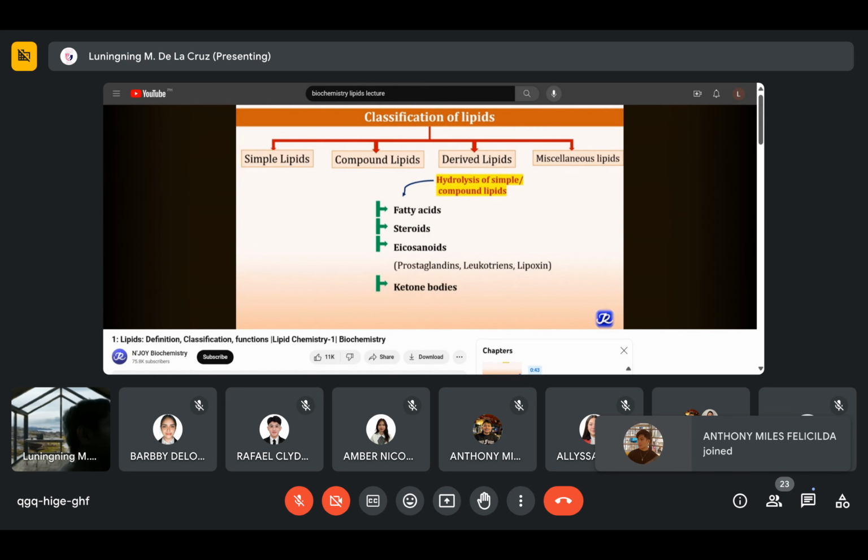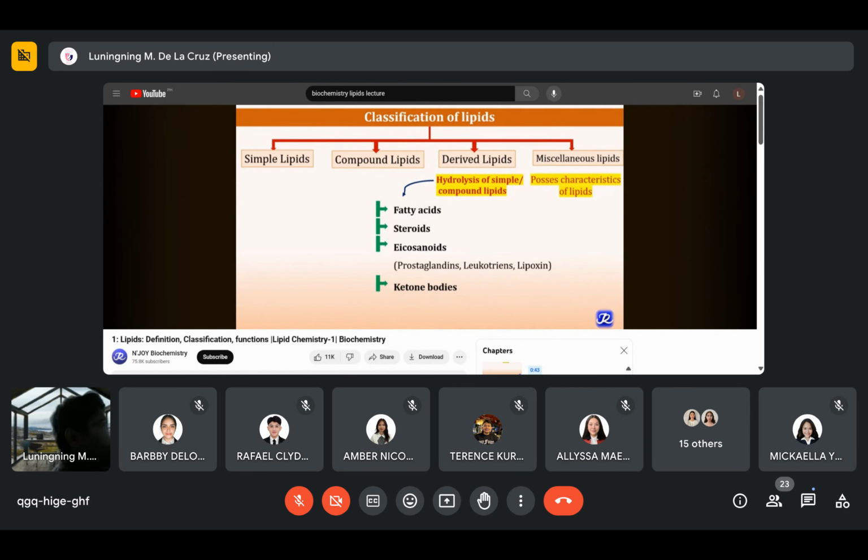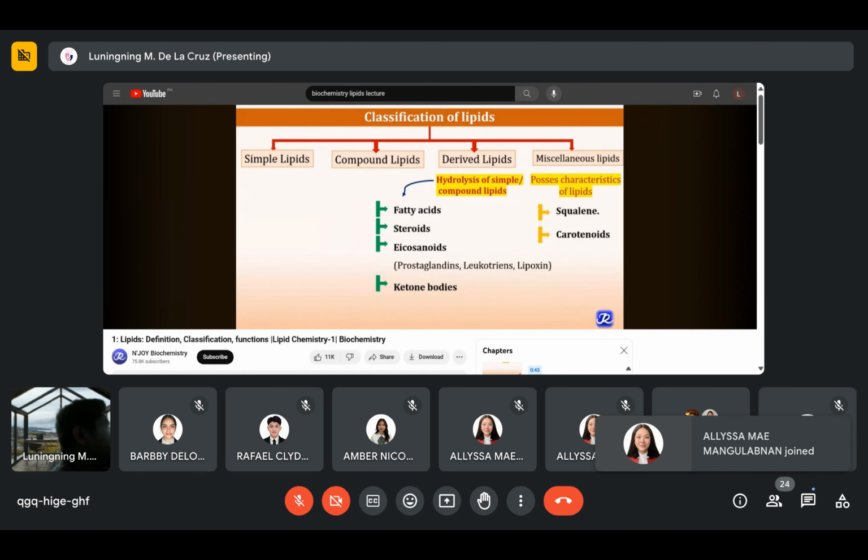Ketone bodies are also derived lipids which are formed from acetyl-CoA. The fourth class of lipid is miscellaneous lipid, and they possess the characteristics of lipids. For example, squalene, which is formed during the synthesis of cholesterol, and carotenoids.